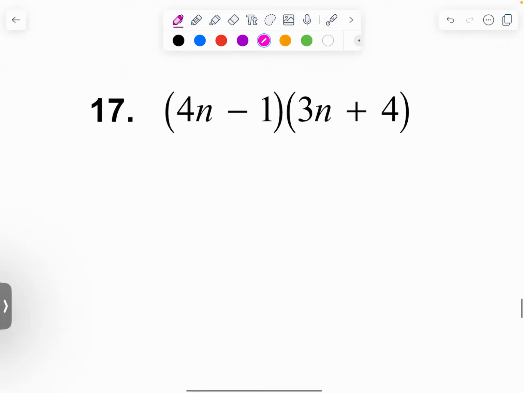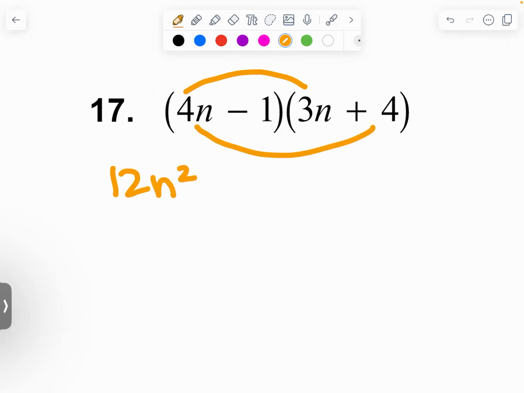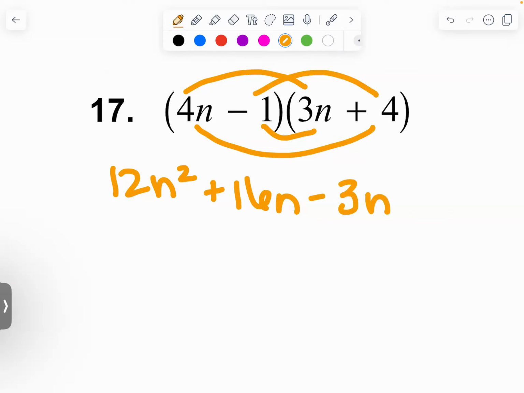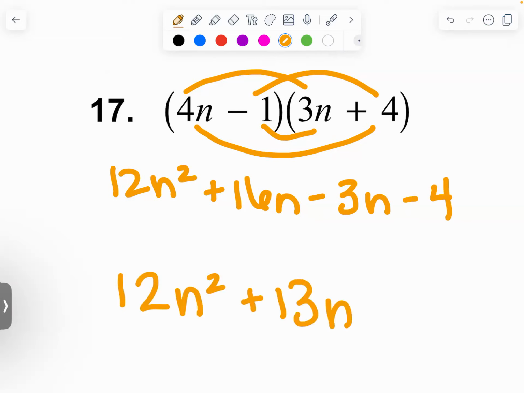Our first product would give us what? 12n squared. Our outside product would give us 16n. Our inside product, and our last product. So we have 12n squared plus 13n minus 4.